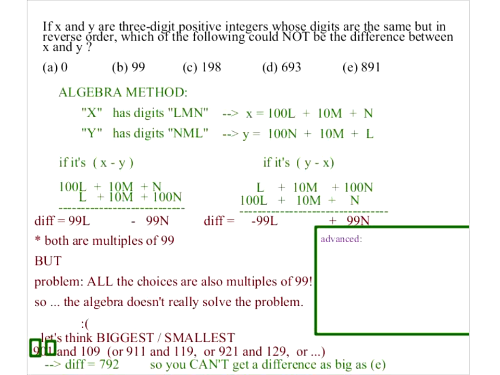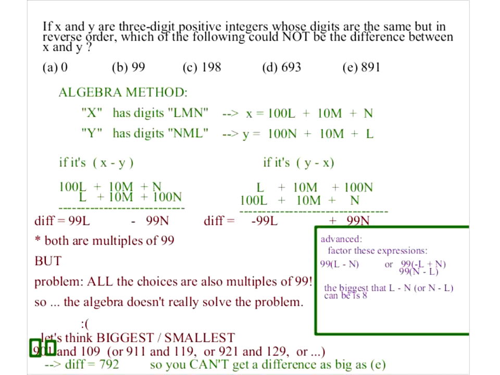You can factor these expressions. This either gives you 99 times L minus N or 99 times negative L plus N. And that one on the right turns into 99 times N minus L. Notice that the biggest that L minus N or N minus L can be is 8, not 9, because 0 is not allowed to be these digits.